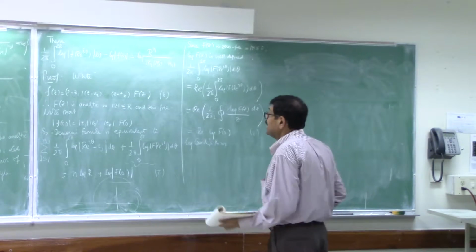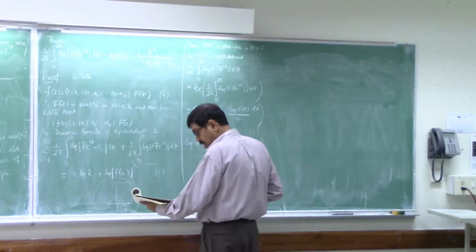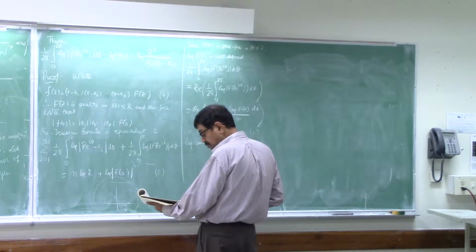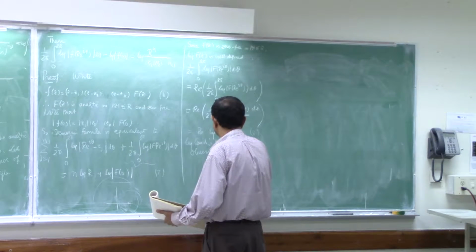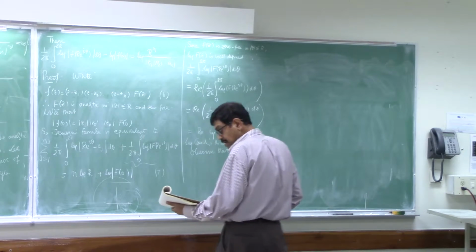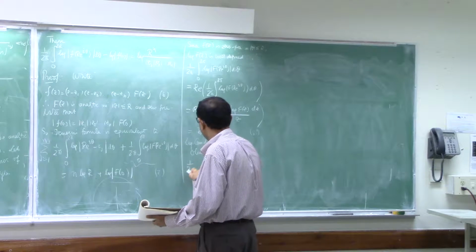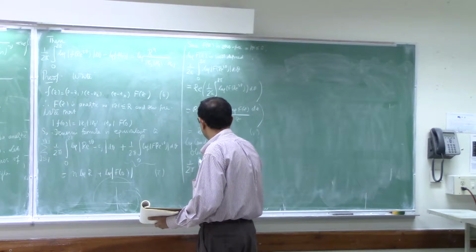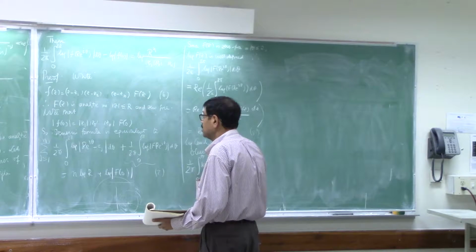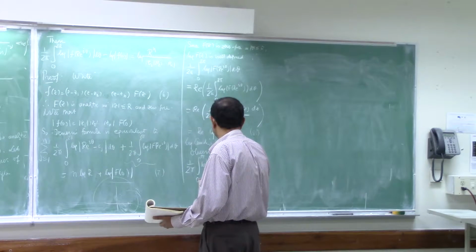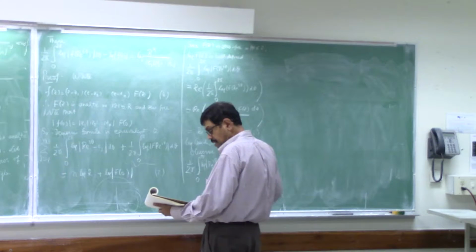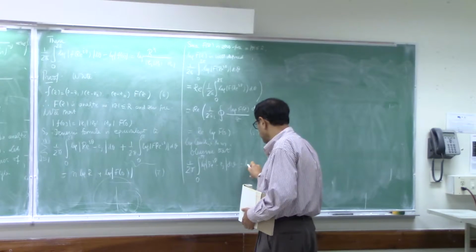Okay. Now, observe that your 1 over 2 pi, integral 0 to 2 pi, log of the absolute value of re to the I theta minus zj, d theta, is log r, which we pull out.